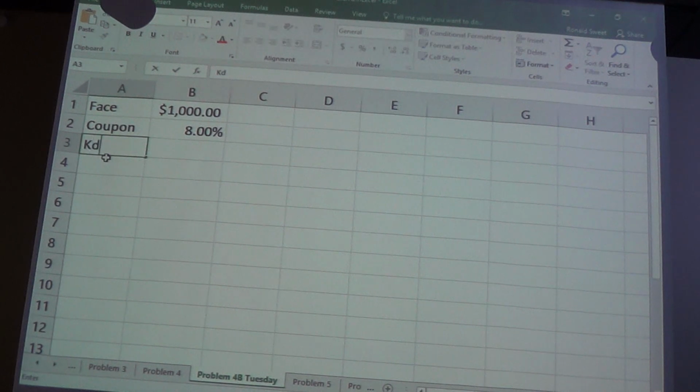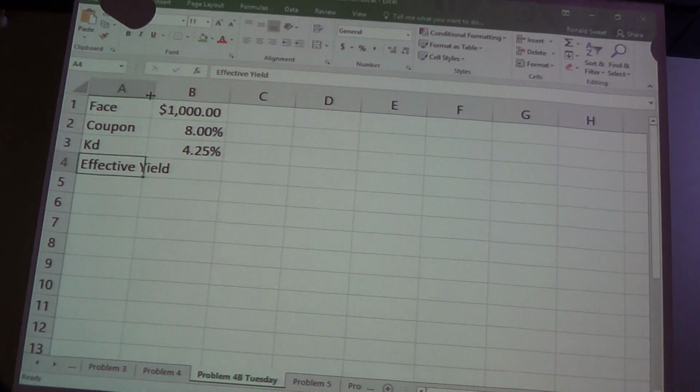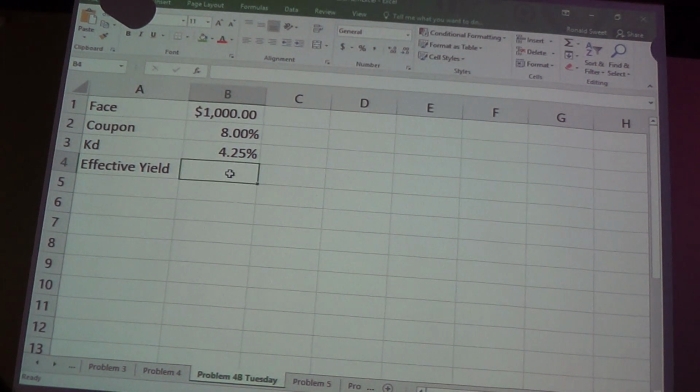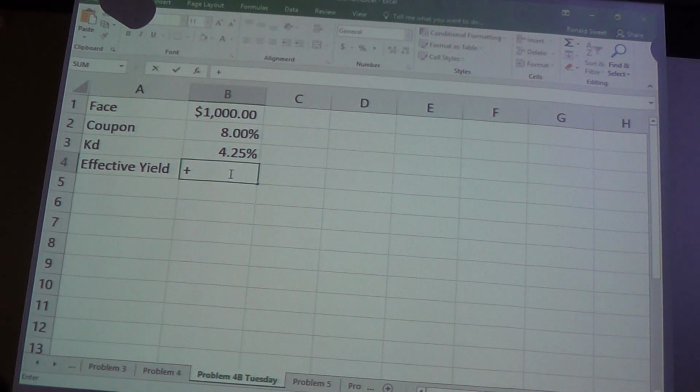What's our discount rate? 425, right? 125, yeah. Calculate that in question A. Then you got to do the effective yield. Just remember, corporates, treasuries, they all pay twice a year, so we got to put that on a two times a year basis.